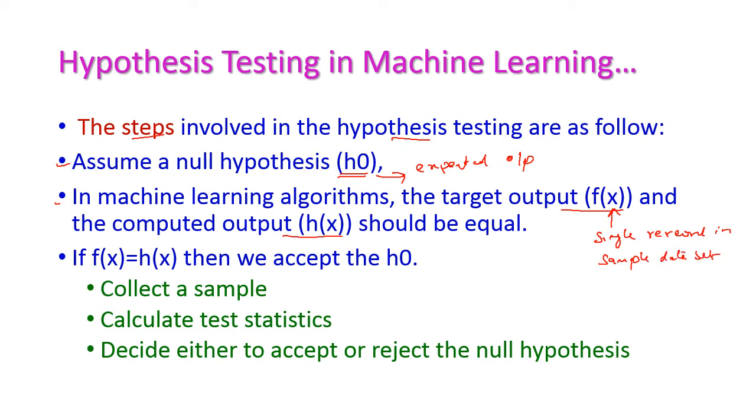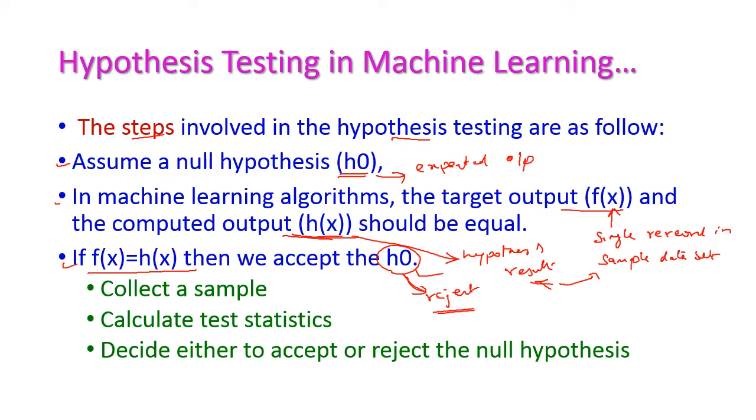Okay, and f of x is the expected output of this particular record, and this particular h of x means hypothesis result. Okay, and this hypothesis result and expected result should be equal. Then we can accept this particular h naught, that is null hypothesis. Okay, otherwise we can reject this h naught. When will it be rejected? If f of x not equal to h of x, then the h naught will be rejected.